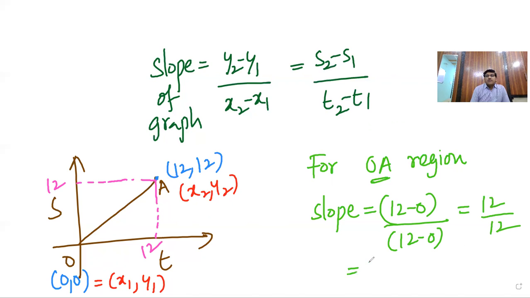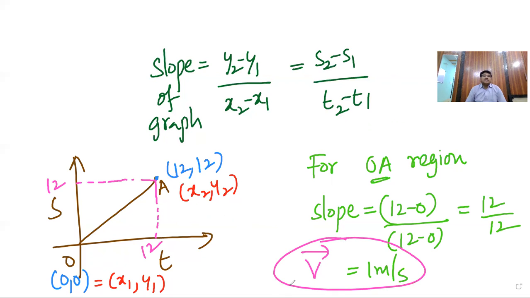So this is equal to 1 meter per second. Slope is nothing but velocity. Slope of the ST graph is nothing but velocity for the OA region. Okay, simply find out the slope. Find out the coordinates of the points, and then x2 minus x1 and y2 minus y1. That is the slope. Slope of that region itself is velocity in a displacement versus time graph.